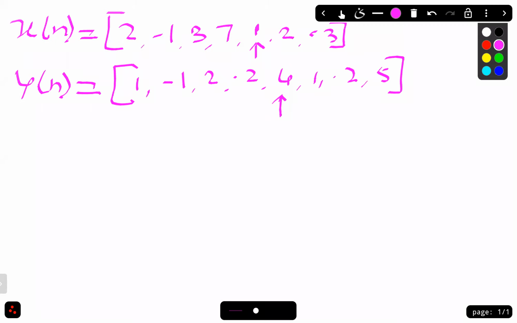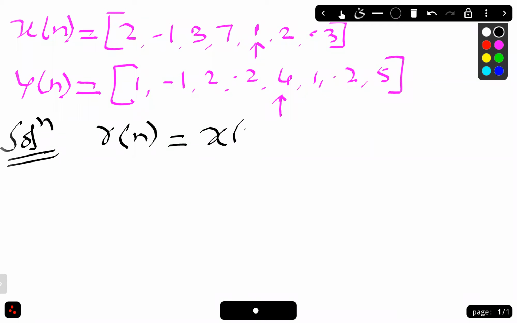Now let us solve this question. Let me write its solution. How are we solving this? We know the formula for correlation: R of n is equals to x of n convolved with y of minus n.